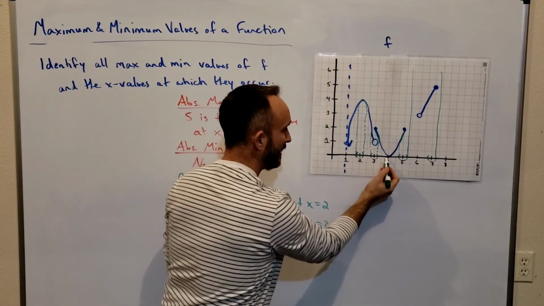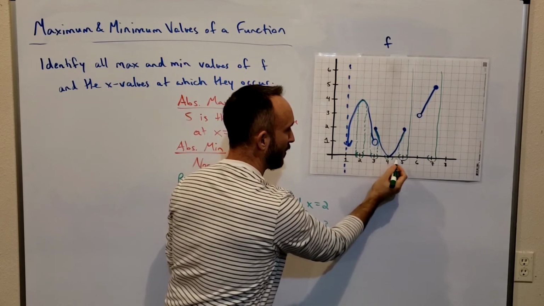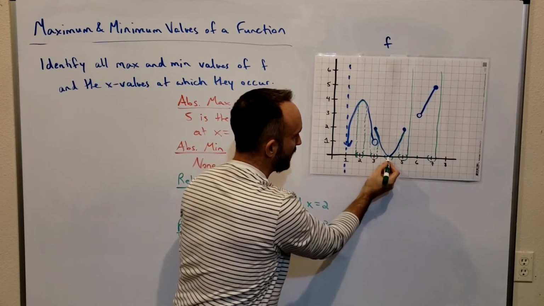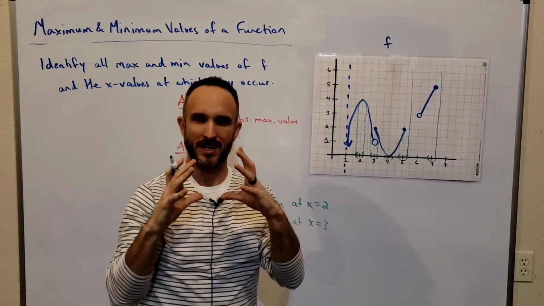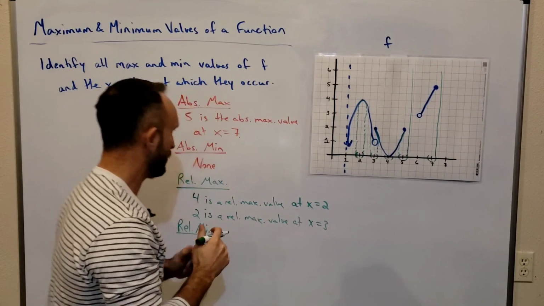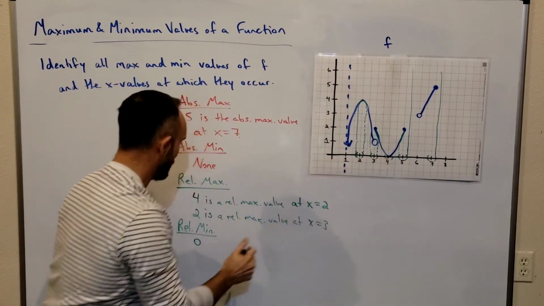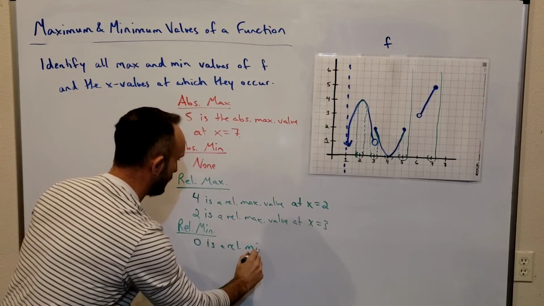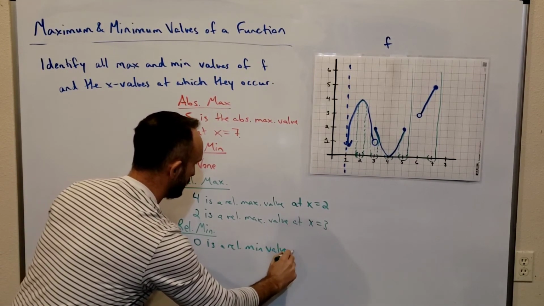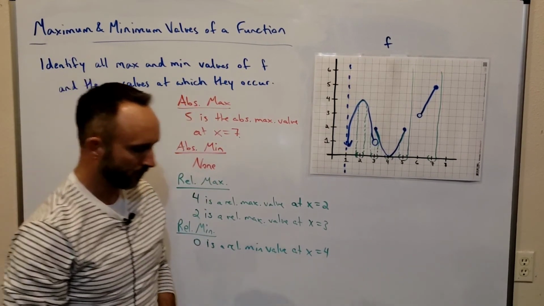Luckily, this function is defined on both sides of 4, and no matter how small we make that neighborhood around 4, this point at (4, 0) is lower than all those y values within that neighborhood. So 0, that's the y value here, 0 is a relative minimum value at x equals 4.